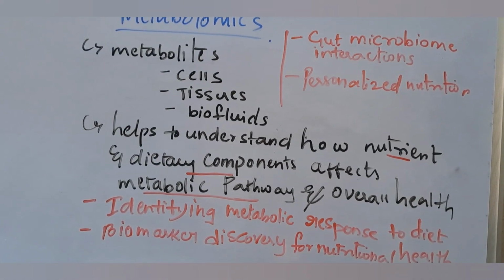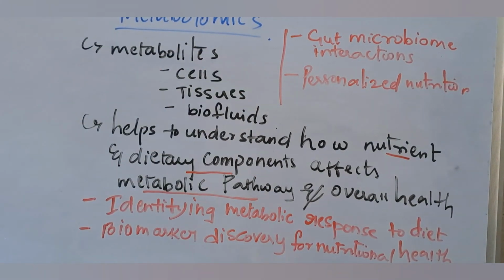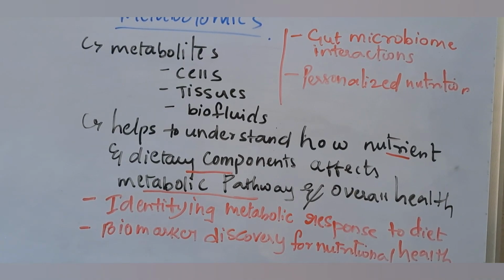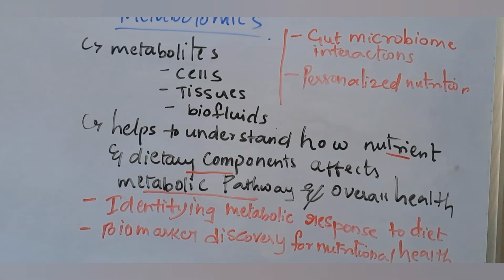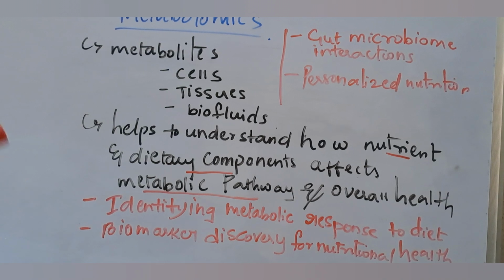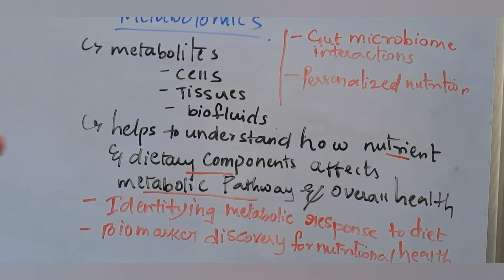And next is gut microbiome interaction. So gut microbiome interaction means it helps to analyze how our gut bacteria metabolize our dietary components. So it helps to identify how our gut microbiome, that means our gut bacteria, is responding to our body.